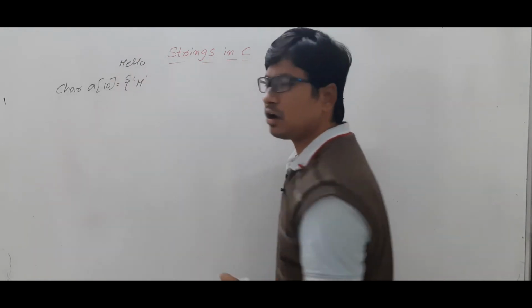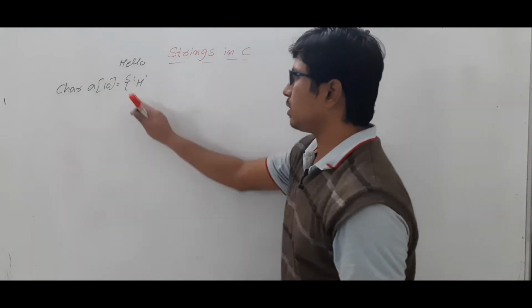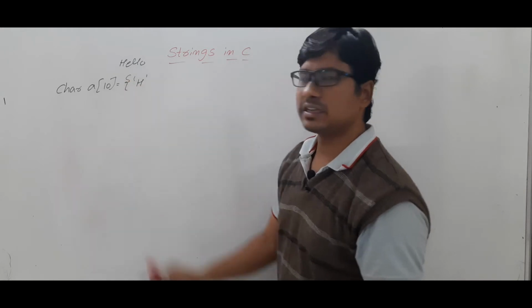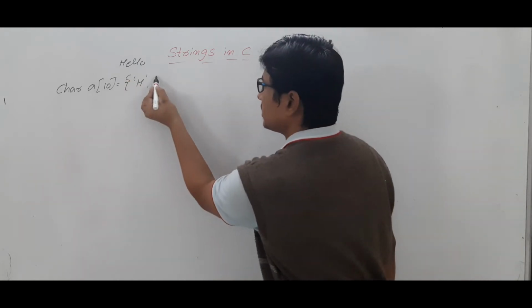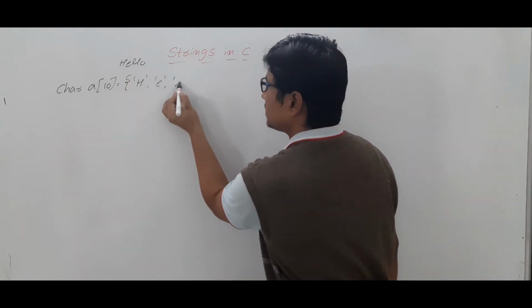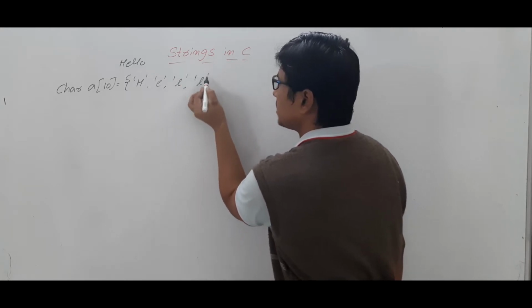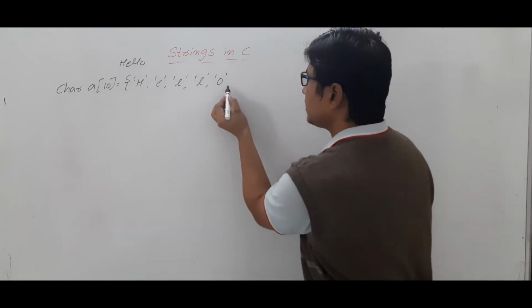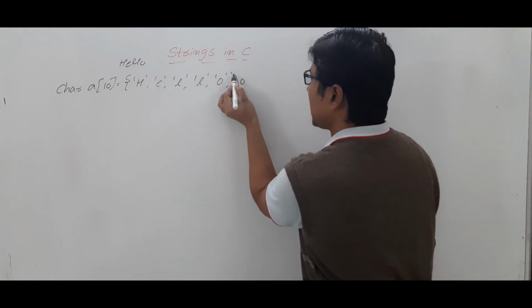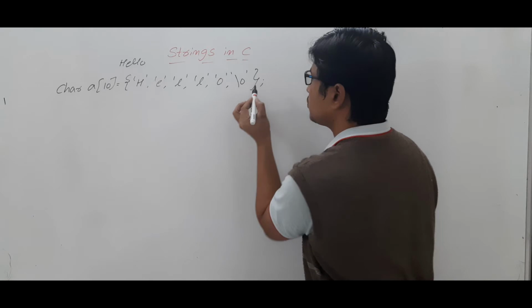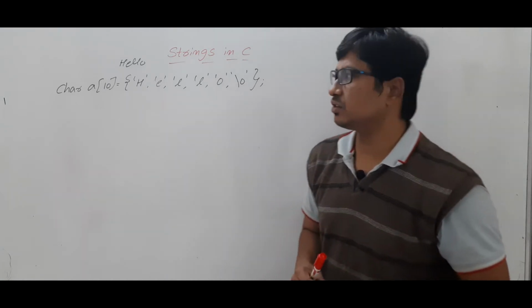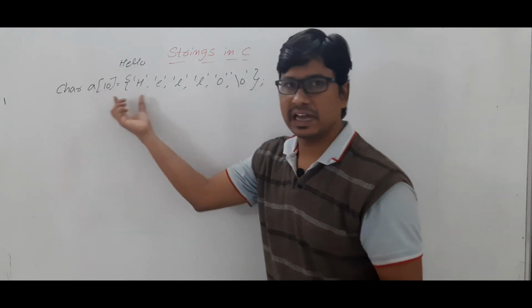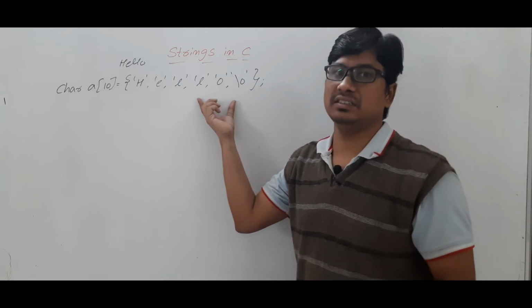As I have written hello where H is a capital letter, I am initializing the first one as capital H, the next one is E, next one is L, next one is L, and next one is O. And then you need to give the backslash 0. So this is the initialization of a character array as a collection of characters.